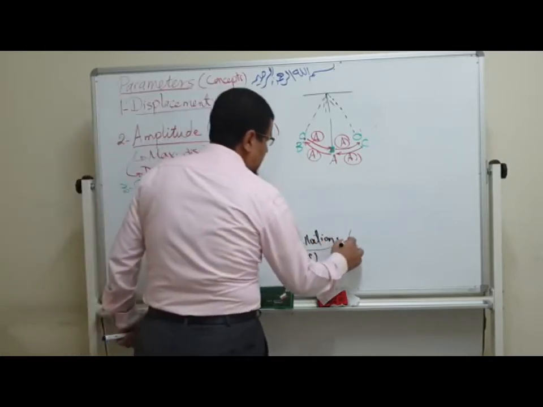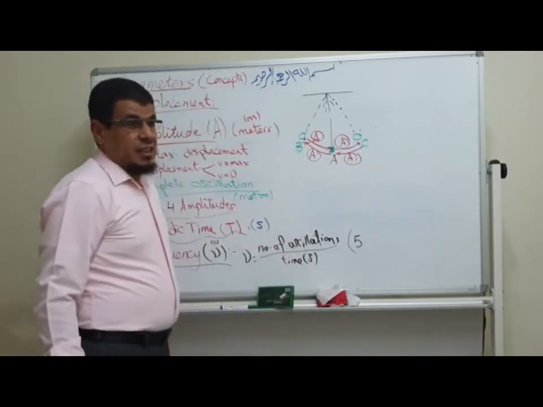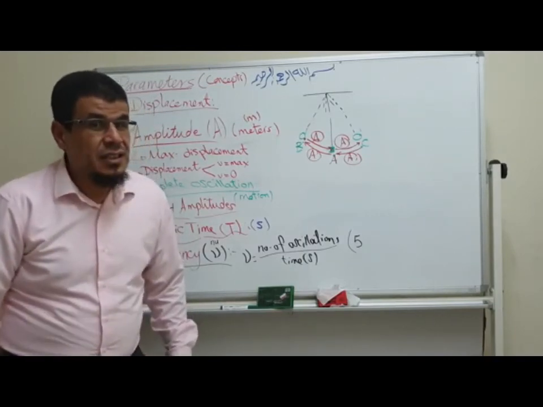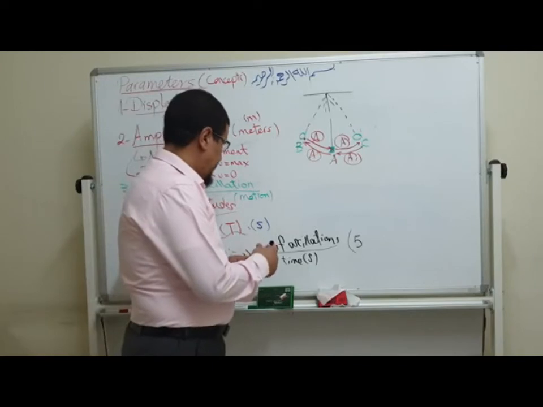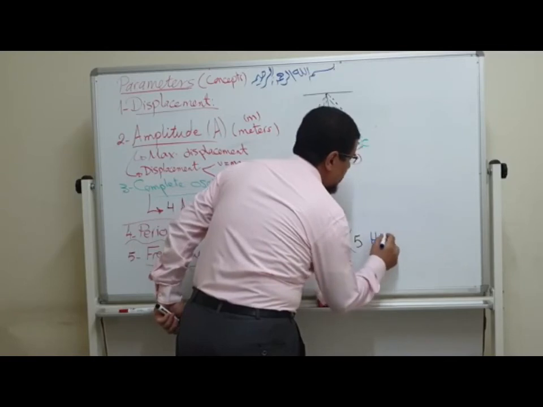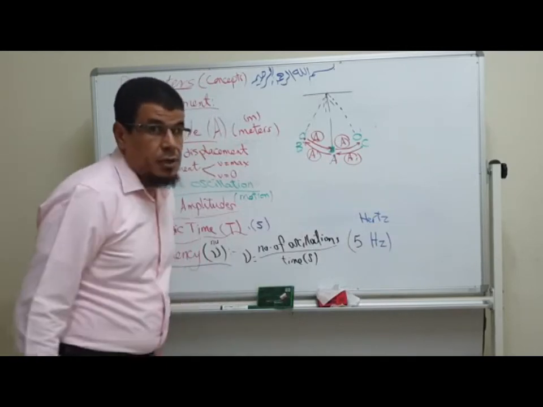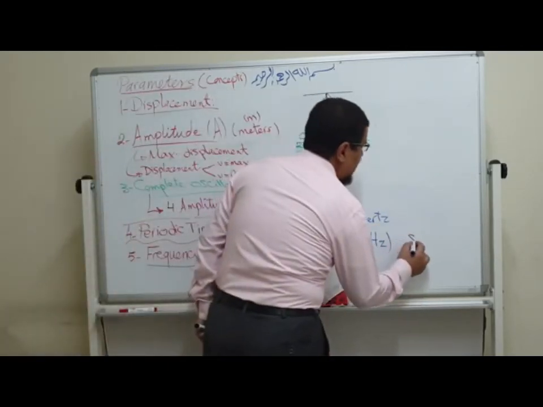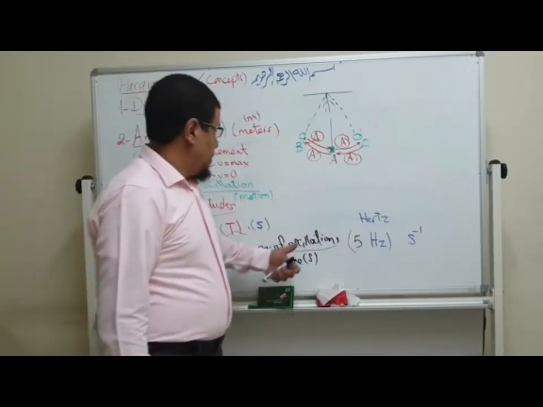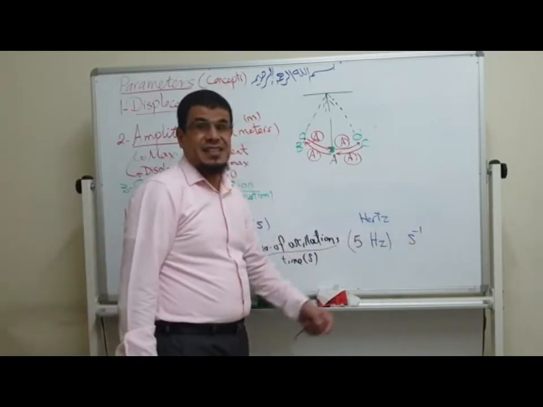I get it, for example, it equals 5. And when I say the frequency equals 5, we are in physics, so we must have units. The unit of frequency is hertz, or you can say it is second power negative 1.